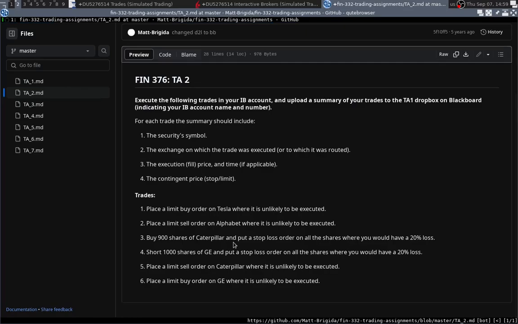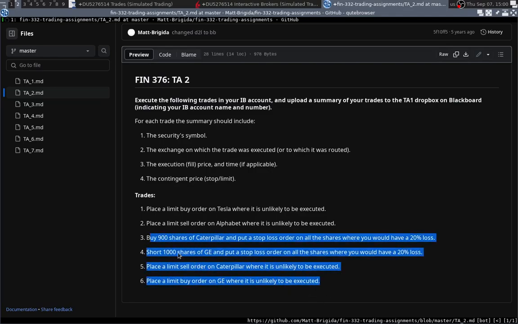What we're doing in trading assignment 2 is I'm not just saying buy. Well, I do say just buy here, but I'm also saying place limit and stop orders. Specifically, what I'm doing in trades 3, 4, 5, and 6 is placing a collar.